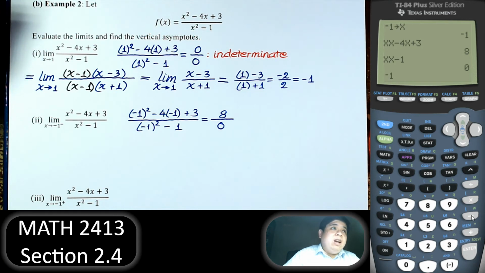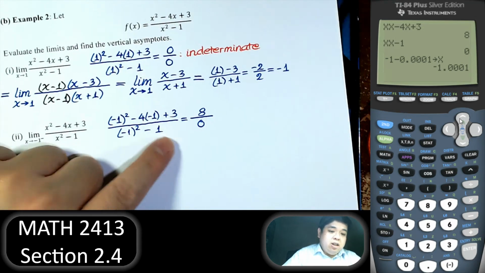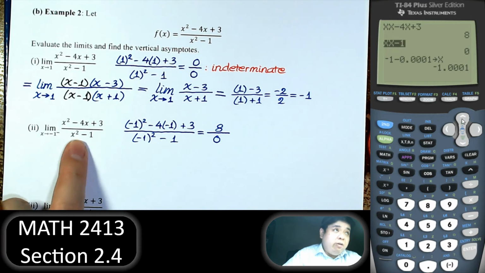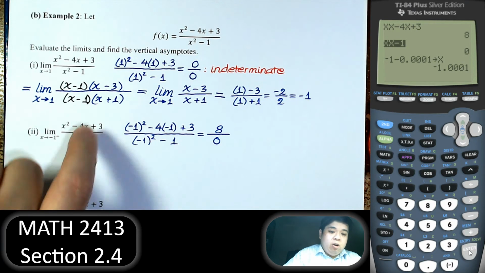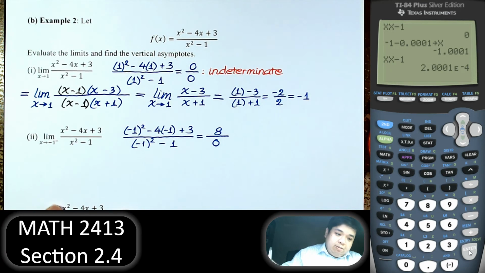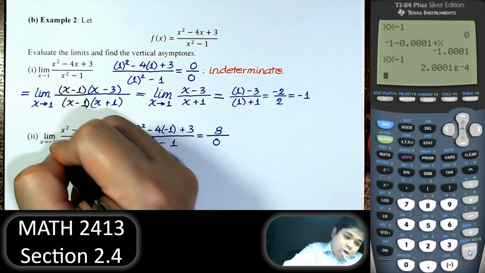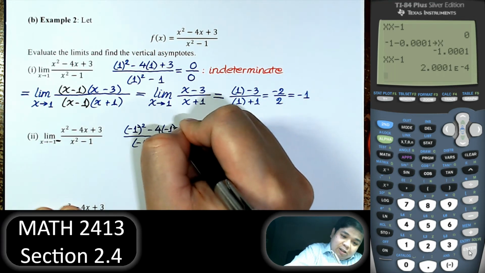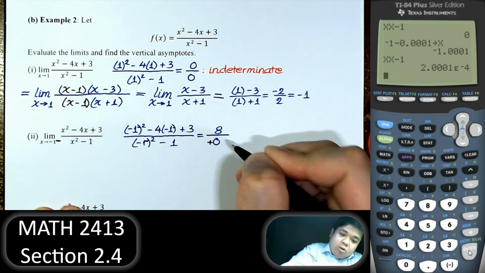And it is from the left. So I will subtract a very small number, and that will be x. And we just need to evaluate the term that is the 0. So I will evaluate x squared minus 1 only. Don't need to worry about the 8 on the top. So that is positive. If it goes from the left side of negative 1, this is going to be positive.